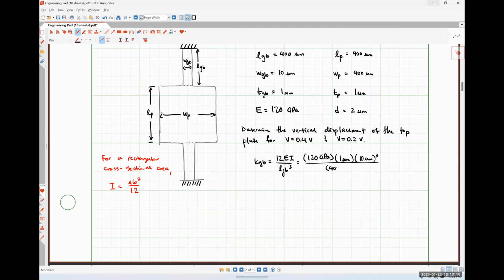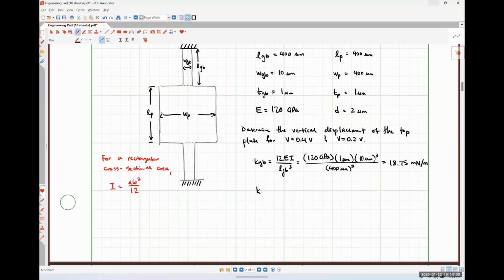So that will be 400 microns cubed. And when I did this, I got 18.75 millinewtons per meter for my guided beam spring constant.